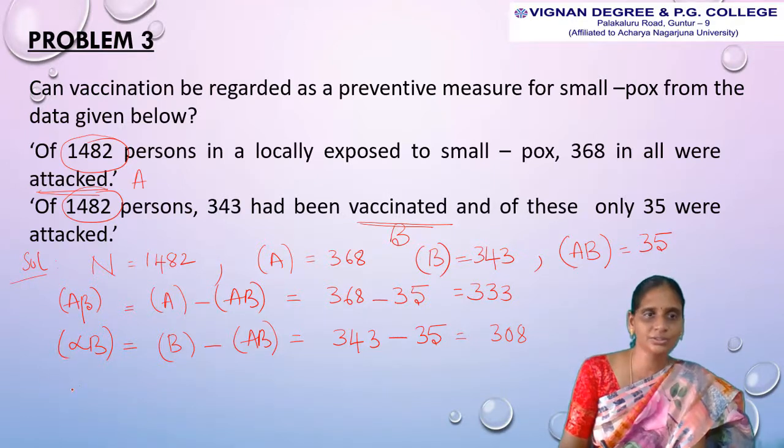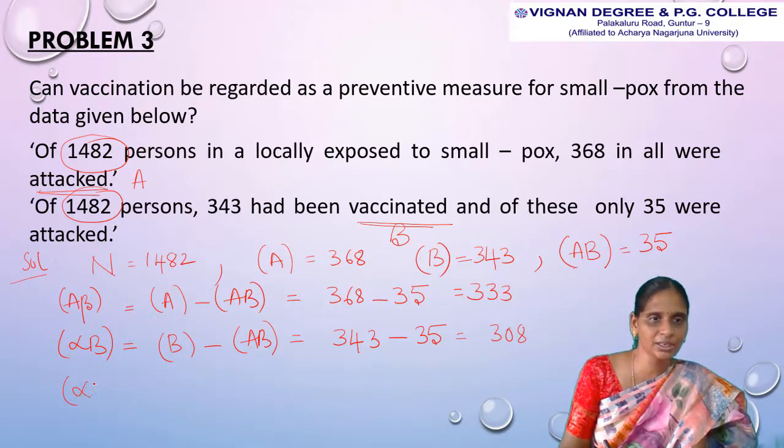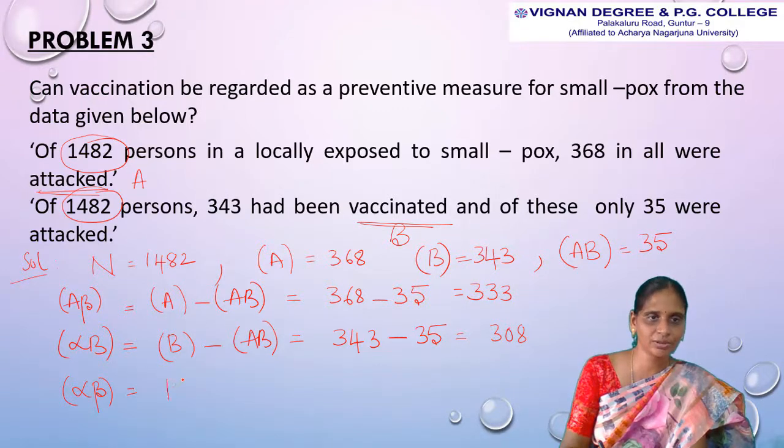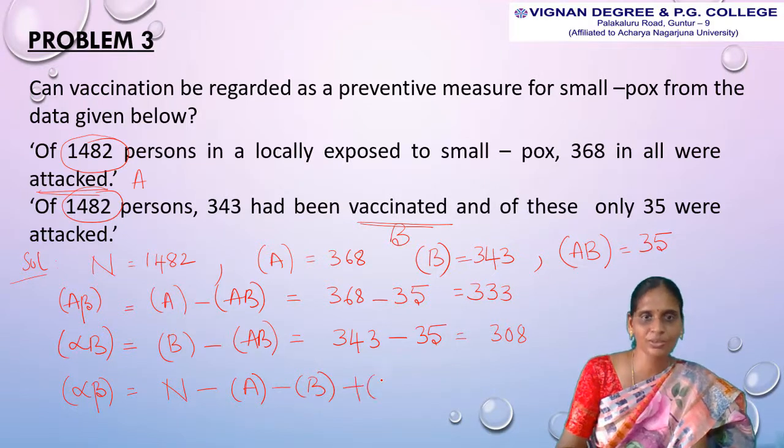And the next second order class frequency, frequency of alpha beta. Frequency of alpha beta is equal to N minus frequency of A minus frequency of B plus frequency of AB.